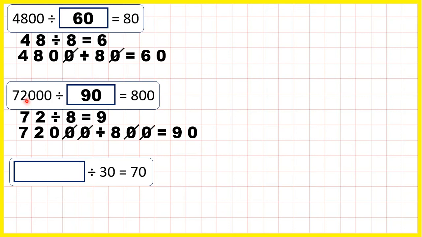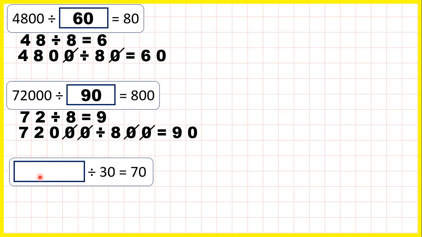So 72,000 divided by 90 is 800. And in the question you can see it works because if we cancelled an end zero, we have 7,200 divided by 9.